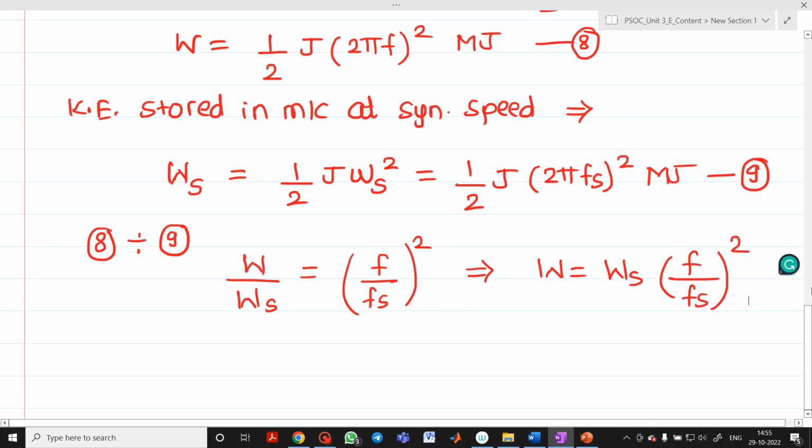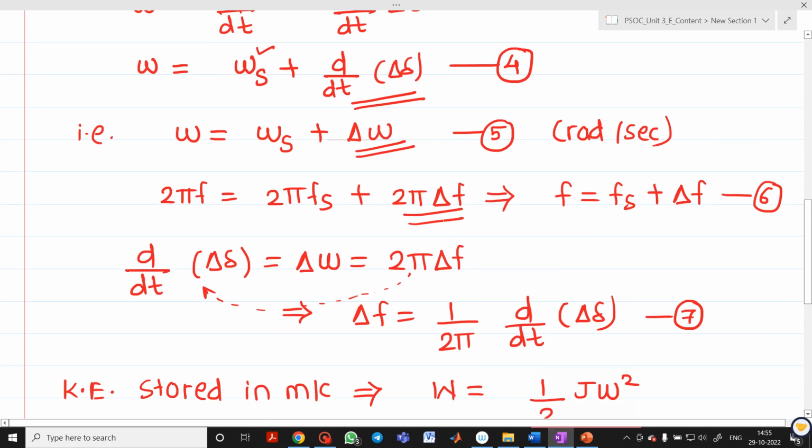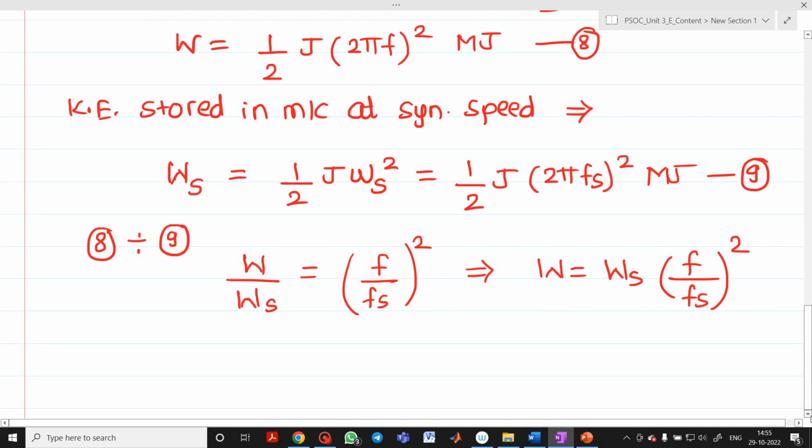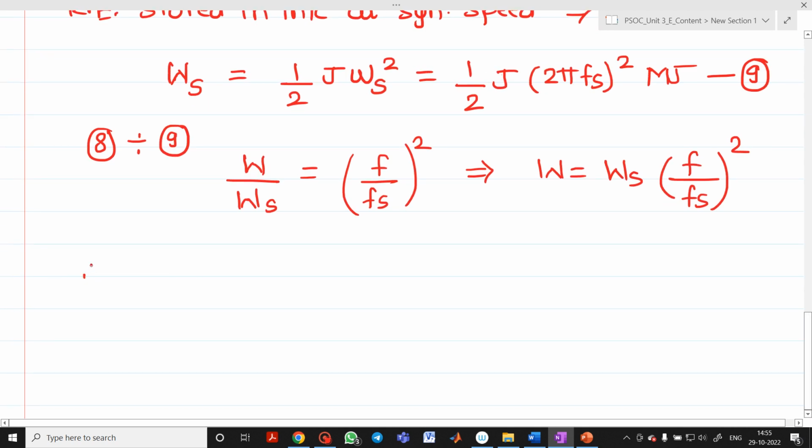Now what is this f? If you see, we have written in equation number 6, f will be equal to f_s plus Δf. So I will substitute this term here. Therefore W will be equal to W_s into (f_s plus Δf) divided by f_s total bracket square. So let's solve this.